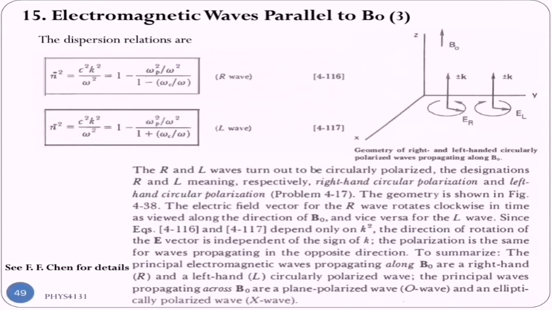The principal electromagnetic waves propagating along B naught are right hand and left hand circularly polarized waves. The principal waves propagating across B naught are a plane polarized wave, which we also called the O wave, and an elliptically polarized wave, the X wave.